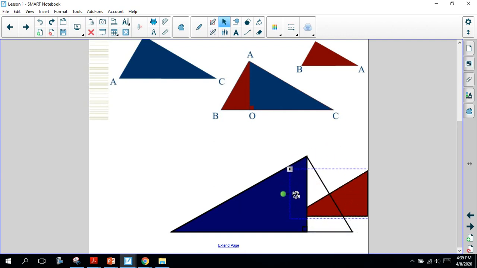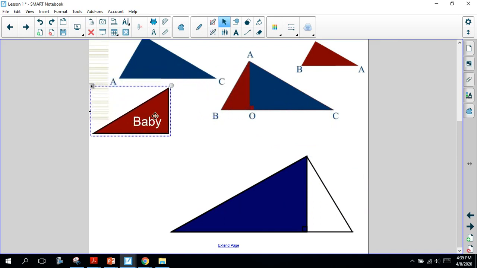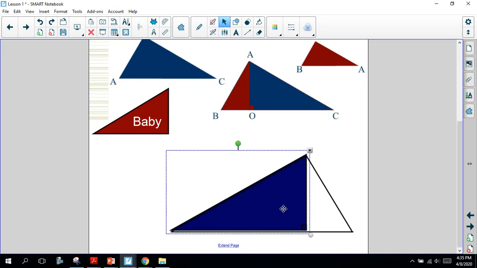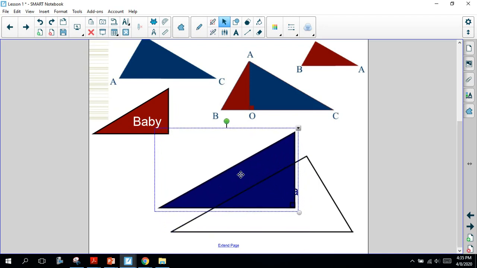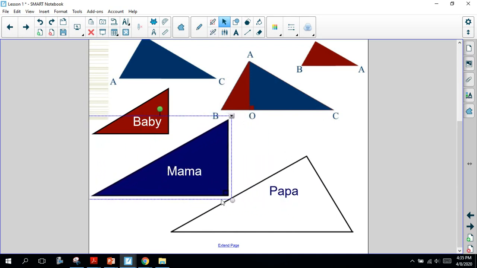So if I look at this particular diagram, same as above there, and take this first triangle and rotate it, I'm going to move it up here in position, and we're lovingly going to call this little guy the baby bear triangle. The blue one here that forms when I drop that altitude in, I'm going to take that and move that up here into position, and we're going to call that guy the mama bear triangle.